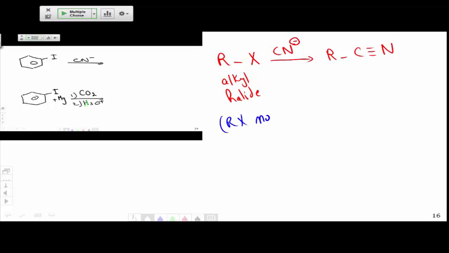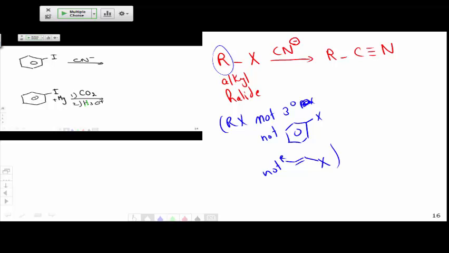RX, not tertiary. Can I use benzene? Can I use this to be benzene and the cyanide attacking the benzene? No. Can RX be this? Vinyl? No. So this is the limitation.